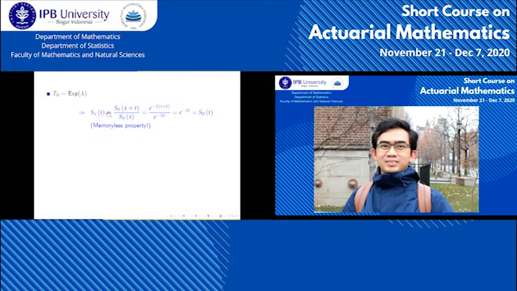Using the previous property, S sub x of t is equal to S sub 0 of x plus t divided by S sub 0 of x, which is the exponential of negative lambda times x plus t divided by e to the negative lambda x. We can cancel negative lambda x, and we get e to the negative lambda t, which is S sub 0 of t.